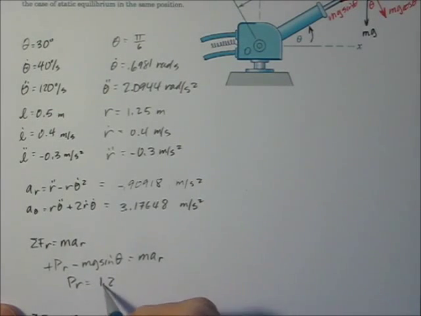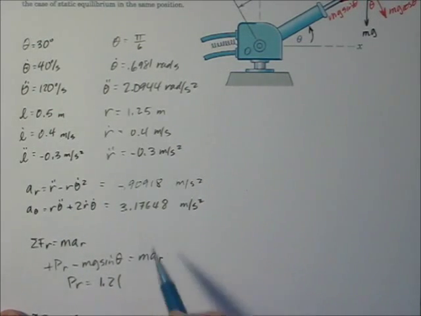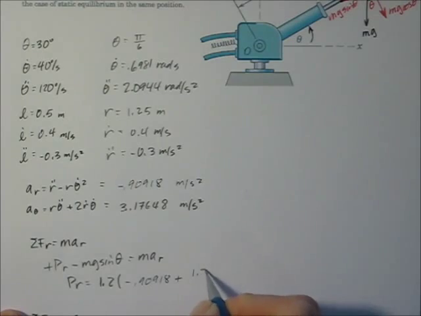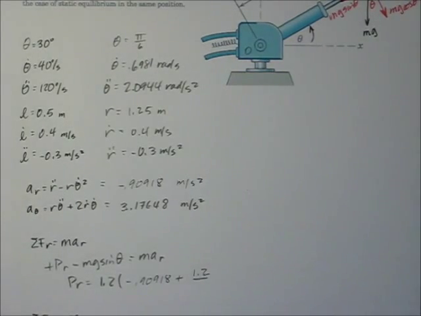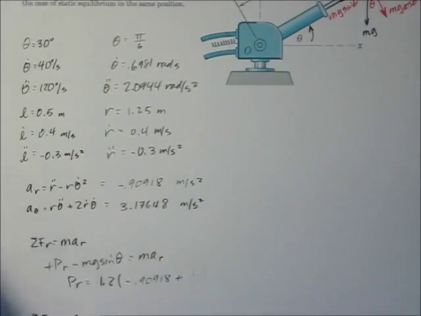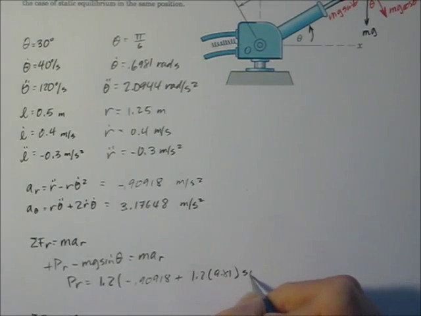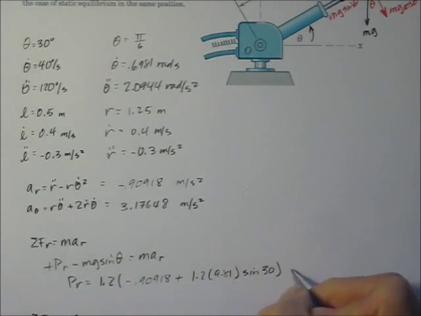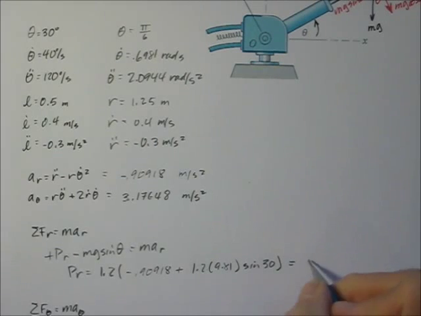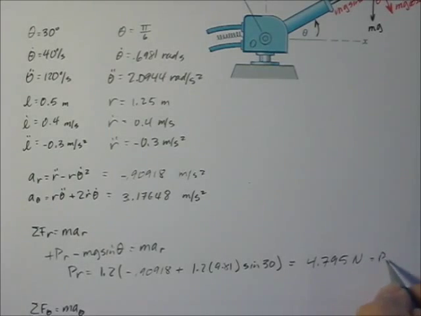I guess I didn't mention that at the beginning of the problem, but it's 1.2 kilograms times the acceleration in the r direction, which would be minus 0.90918, plus, bringing mg onto the other side of the equation, 1.2 times 9.81 times the sine of 30 degrees, and we get P in the r direction of 4.795 newtons. That's P in the r direction. All right, so that's the first piece of the puzzle.